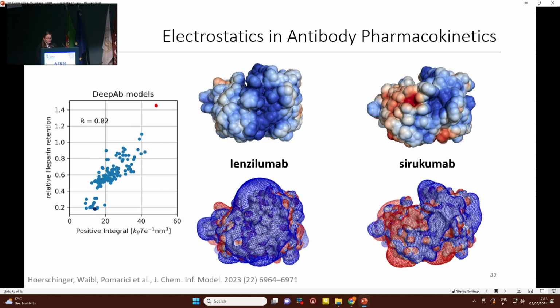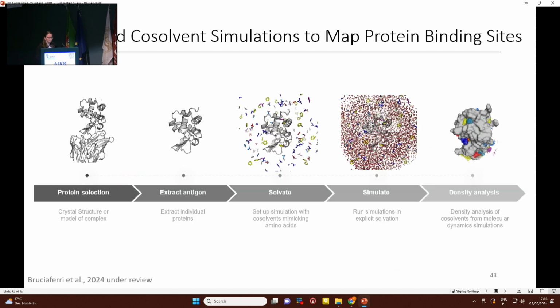And here I'm showing the two outliers, the 2 points that span the correlation, where you can see the most positive and most negative patches and how they performed in terms of heparin column retention times.